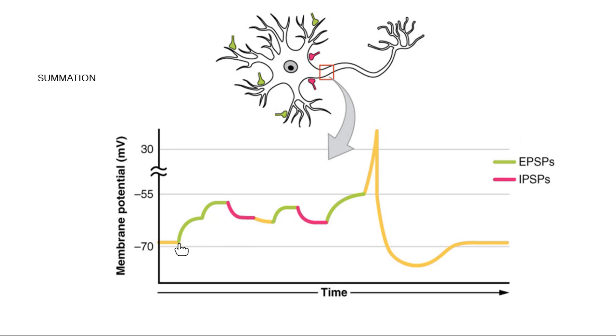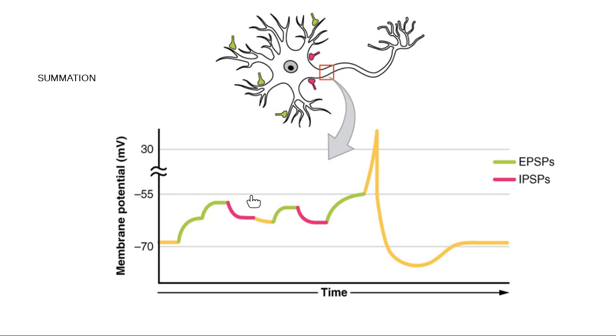I receive a neurotransmitter and it gives me a bump in my membrane charge. That's an EPSP. I could also receive a neurotransmitter that causes an IPSP. That's an inhibitory message that makes my membrane charge go down, or pulls me away from threshold.